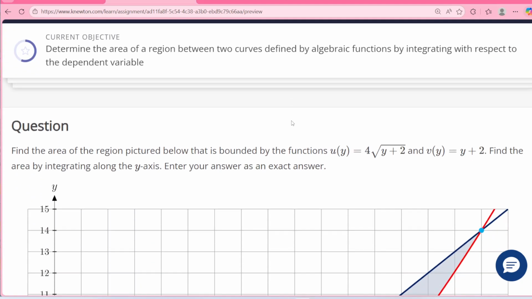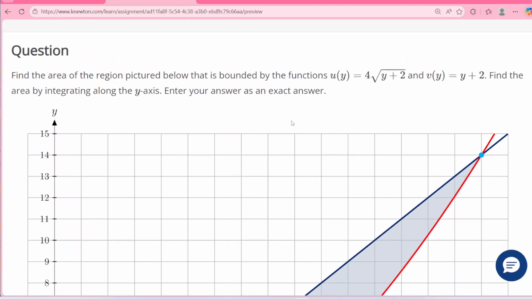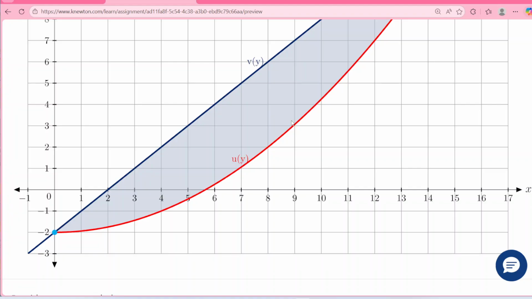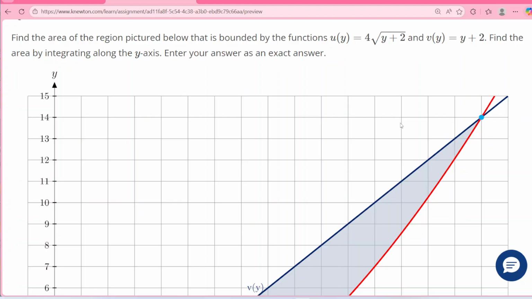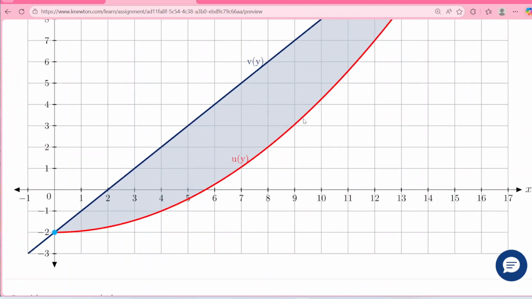All right, so this one, find the area. The nice thing again is they actually give us x in terms of y. They give us the functions of y here. We don't have to solve for x and get x in terms of y. All right, so this time u is on the right, v is on the left.